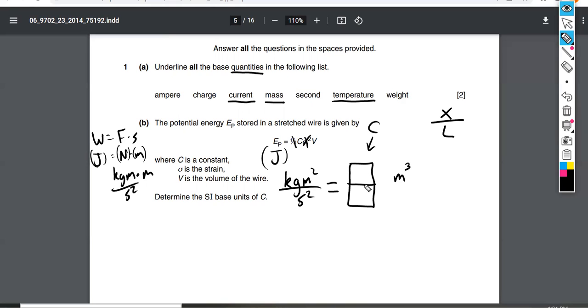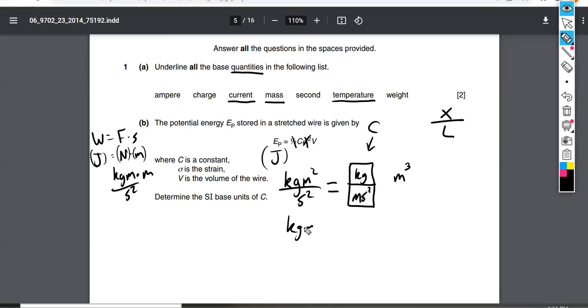And so, what are we missing on the right side in order to get it to look like the left side of the equation? Well, we'll need a kilogram in there. We'll need to cancel out one of these meters, and we'll need to get some seconds squared down there in the denominator. And now if we were to multiply kilogram per meter per second squared by a meter cubed, we'd find that the left and the right side agree, right?